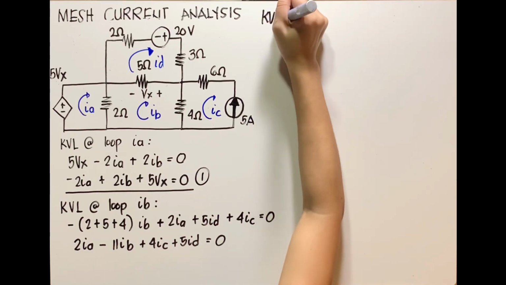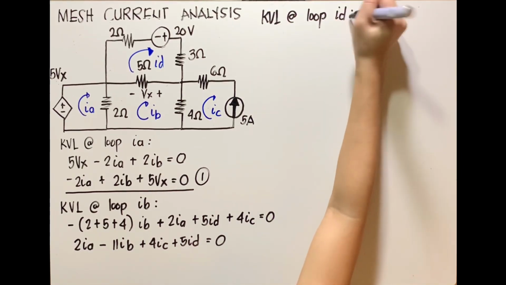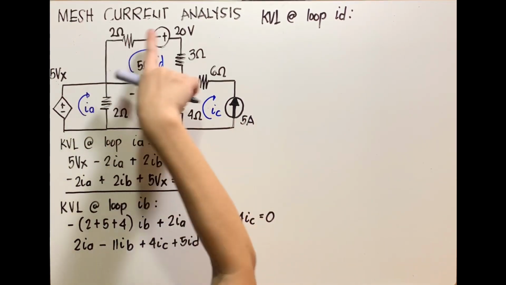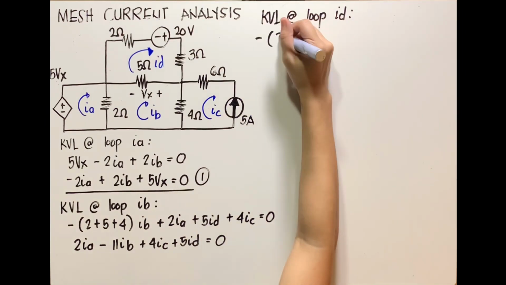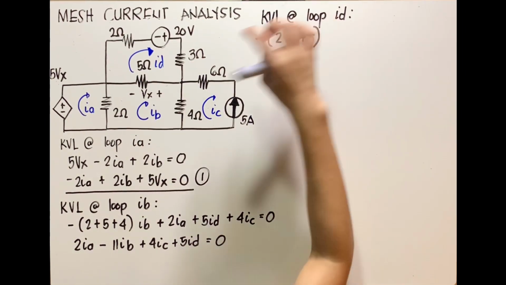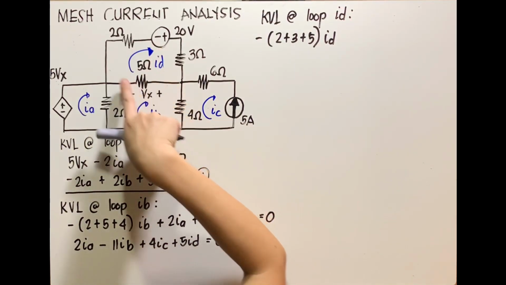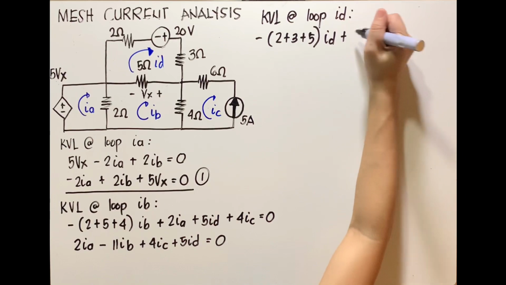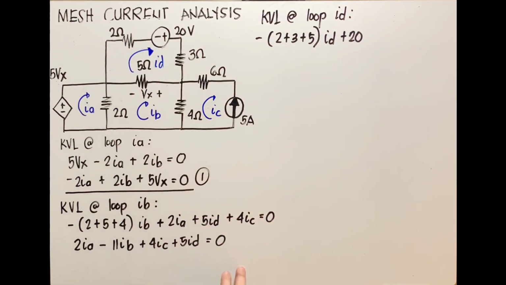So, taking KVL at loop ID, what will happen? We have the resistances. So, negative of the resistances 2, 3 and 5 ohms multiplied by the mesh current inside, which is ID. And then we have a voltage source. So, negative, lalabas tayo sa positive 20 volts. And then, since tapos ko na ang loop, ang sunod ay mesh current effect.